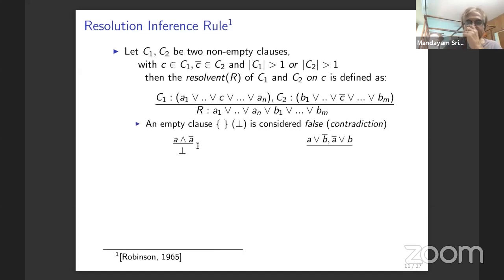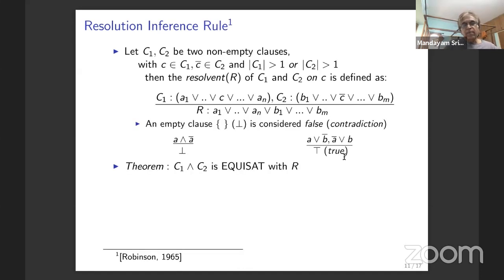At the base case, you have A and not A. If you have unit clauses with opposing literals, then of course that is a contradiction. And if after resolving you end up getting B or not B, then it is true. B or not B is true.